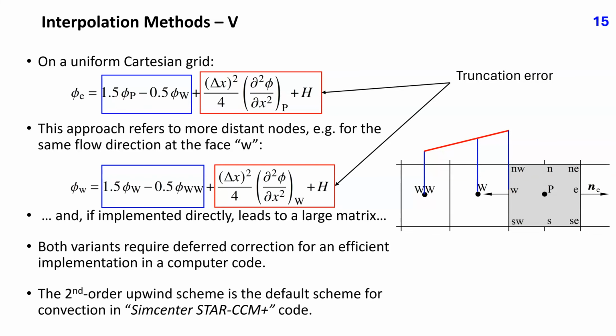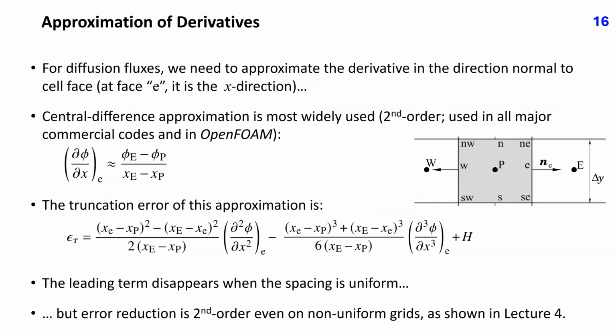To compute diffusion flux through a cell face, we need an approximation of the derivative of phi in the direction normal to the face. At face E, we need the derivative in x direction. The most straightforward approximation of the derivative at a cell face is the central difference: the value at the right neighbor minus the value at the left neighbor divided by the distance between them.